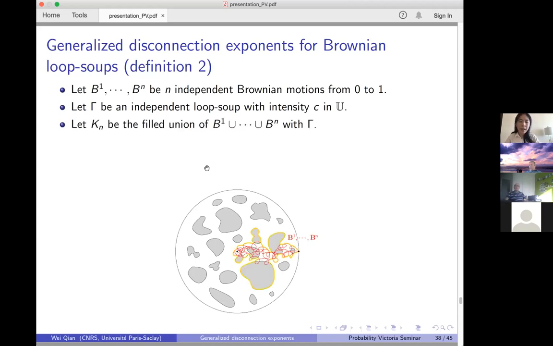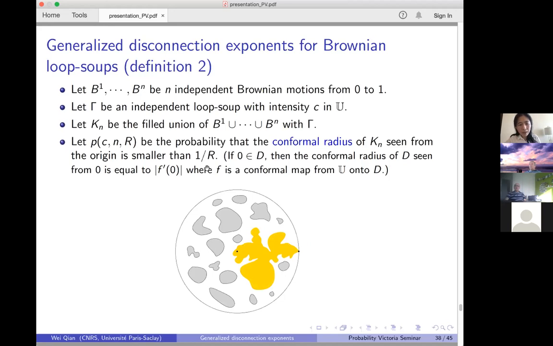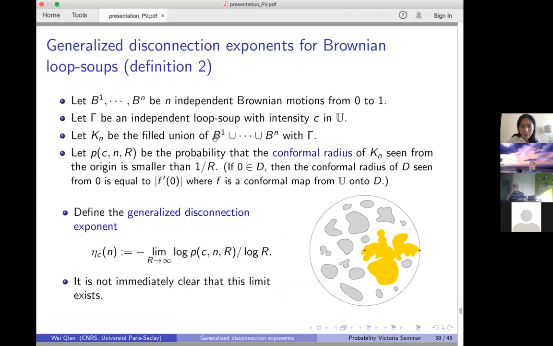We take K_n to be the filled union of the Brownian motions together with all the clusters in the Brownian loop soup that it intersects. So we have such a simply connected set K_n in yellow. Then we look at the conformal radius of K_n seen from the origin, and the probability P_{C,n}(ε) that this conformal radius is very small. And then we take the limit.